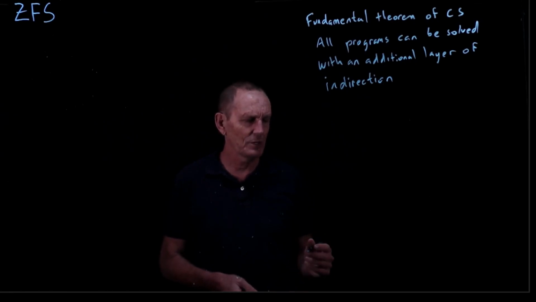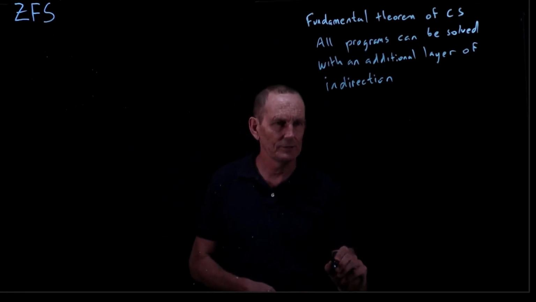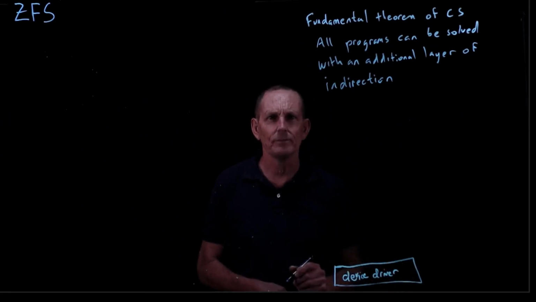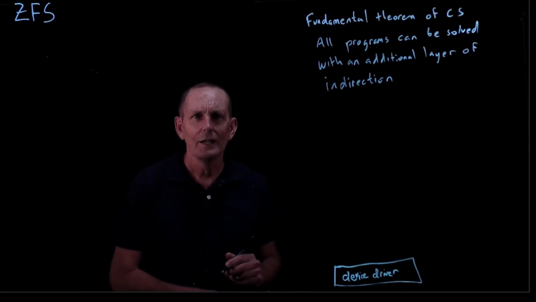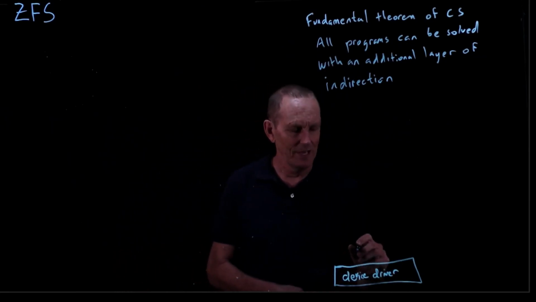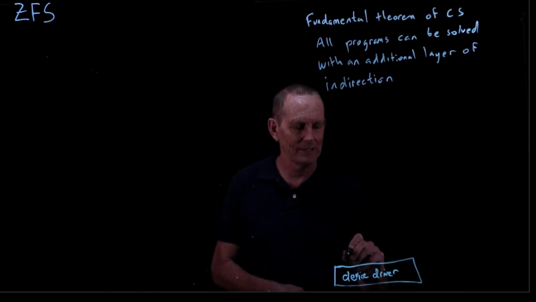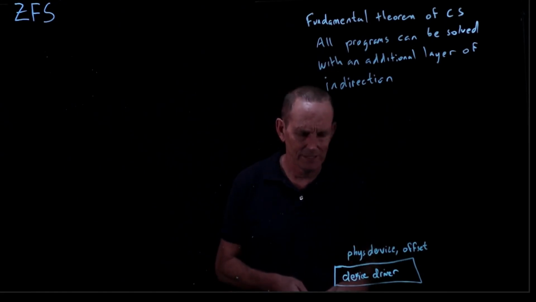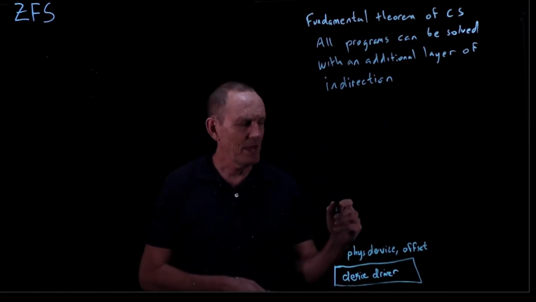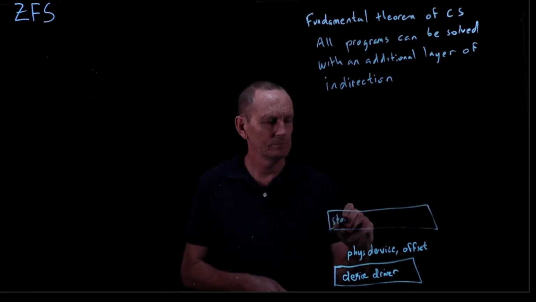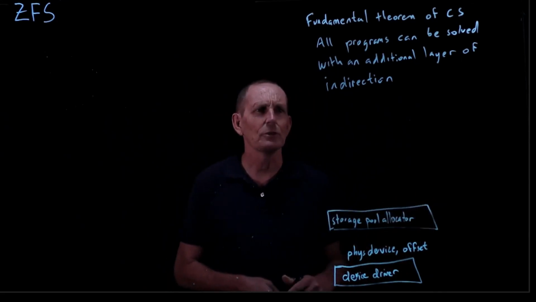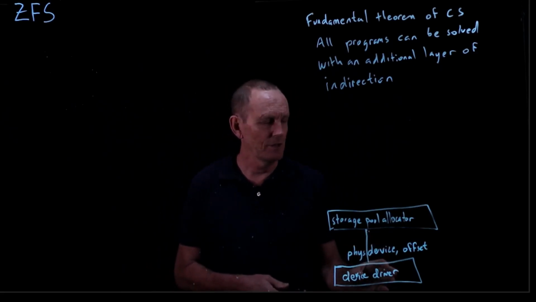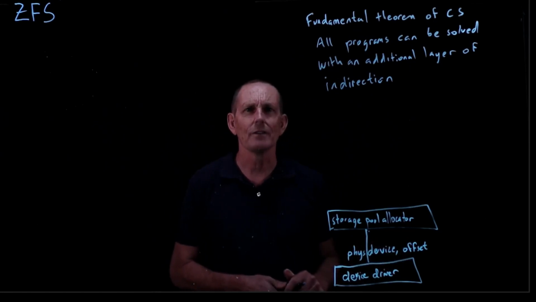So ZFS is broken down into various levels. We have our device driver. When we look at the device driver, it has some sort of addressing that looks like physical device and offset. Or you can think of it as physical device and block number. On top of that, we have the storage pool allocator. The storage pool allocator communicates with the device driver in terms of physical devices and offsets.